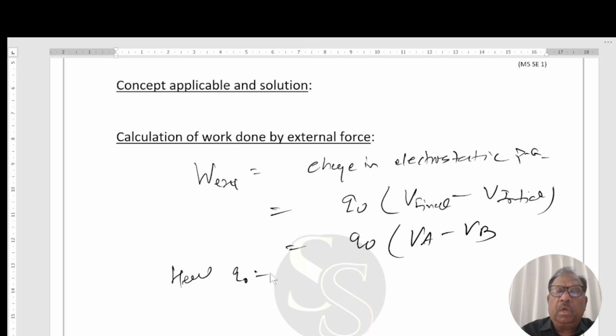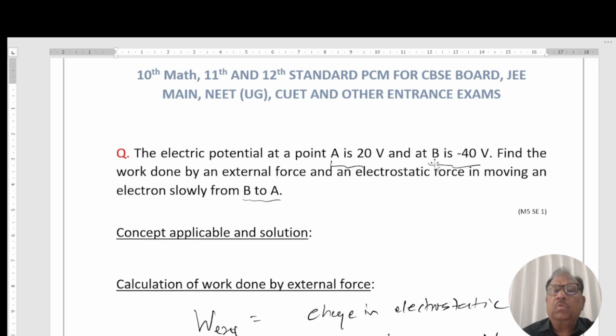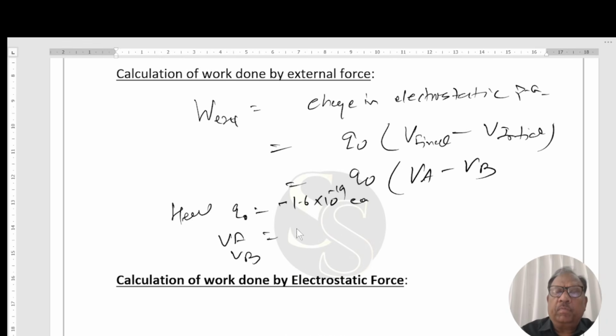Here Q naught is electron, minus 1.6 into 10 to the minus 19 coulomb. VA is 20 volt, VB is minus 40 volt.